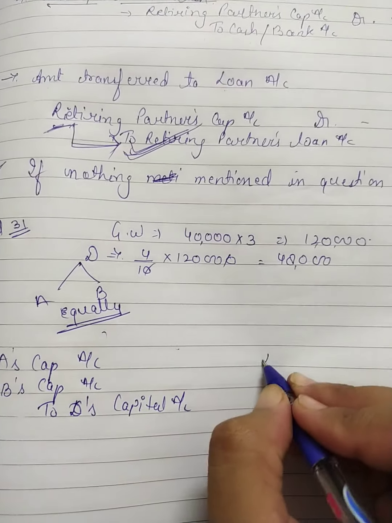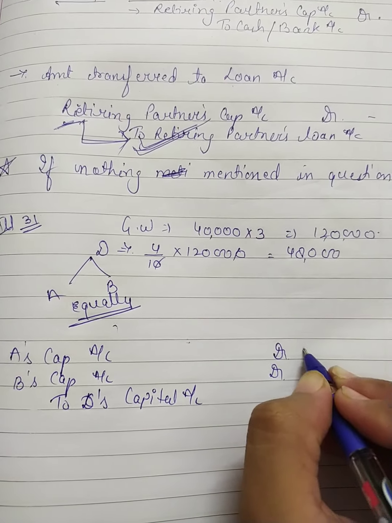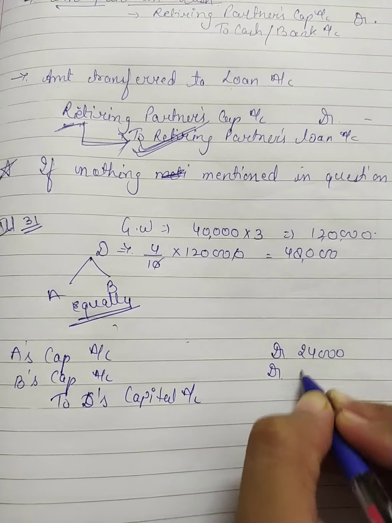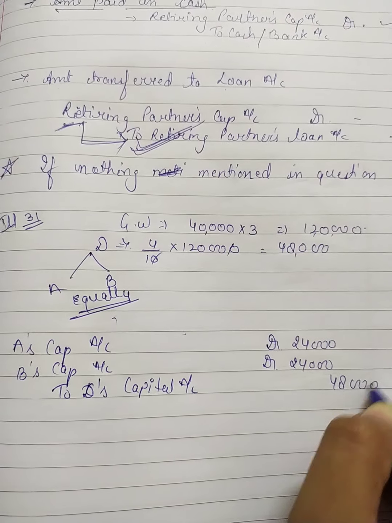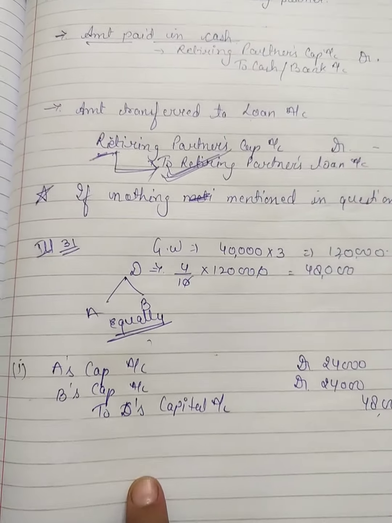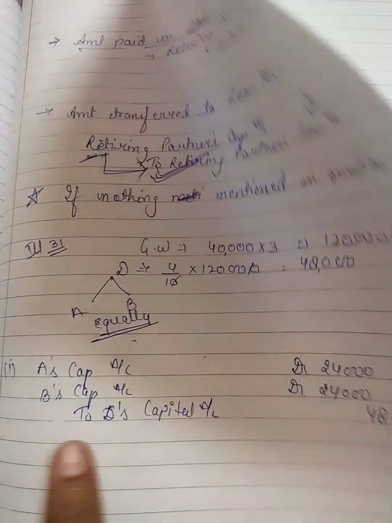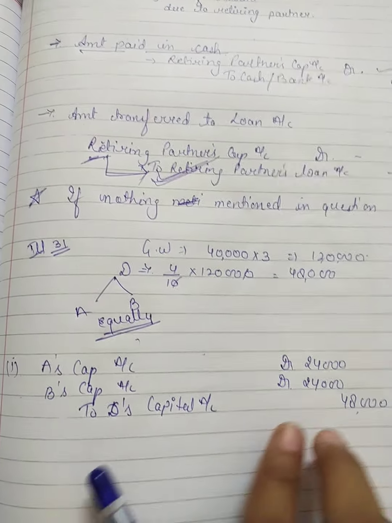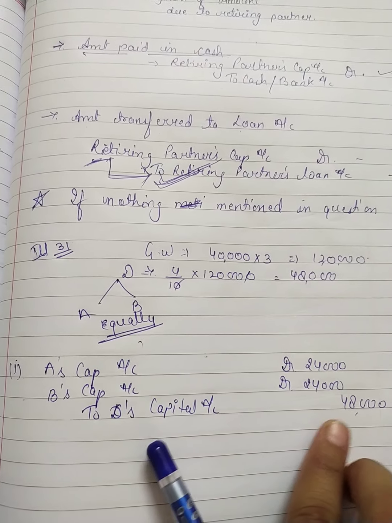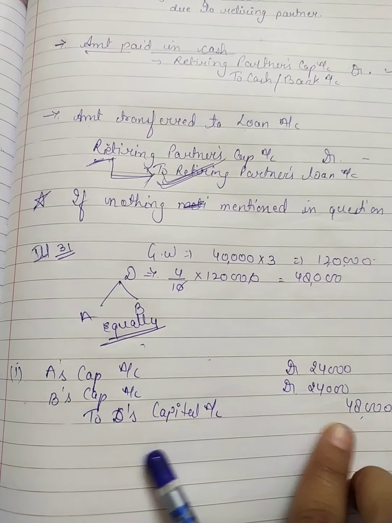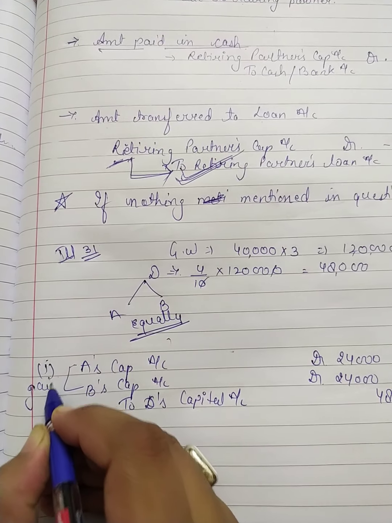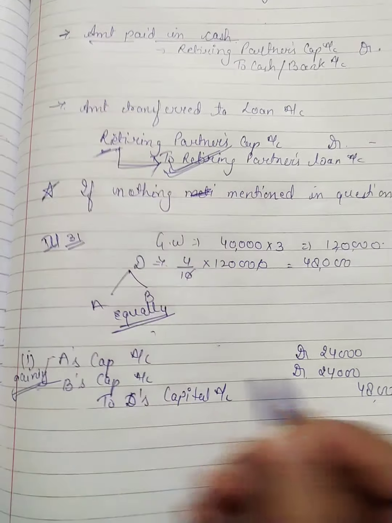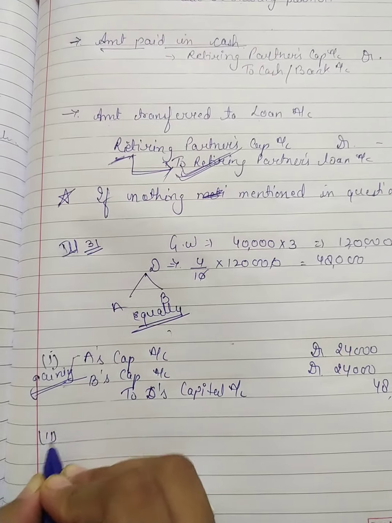Okay, so this will become debited equally 24,000 each, and this one 48,000. So this will be the entry of our goodwill. A and B will give the retiring partner his share of goodwill, because only these two partners are gaining. Okay, now come to the second one.